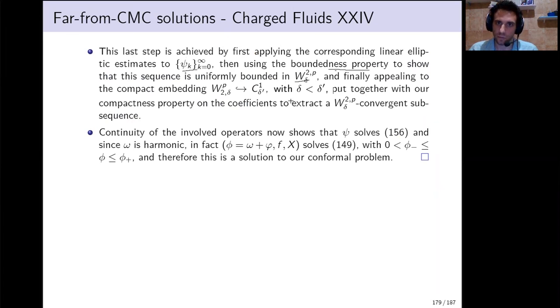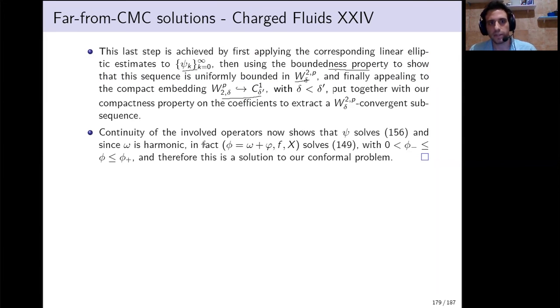Then one appeals to this compact embedding, and this is put together with our compactness property on the coefficients in order to extract a convergent subsequence in the right space.